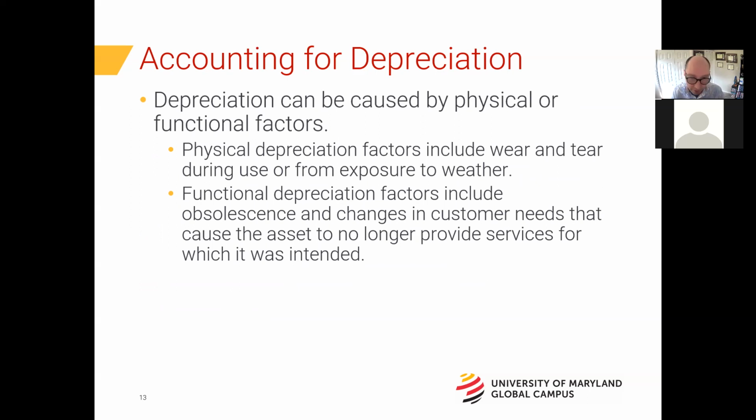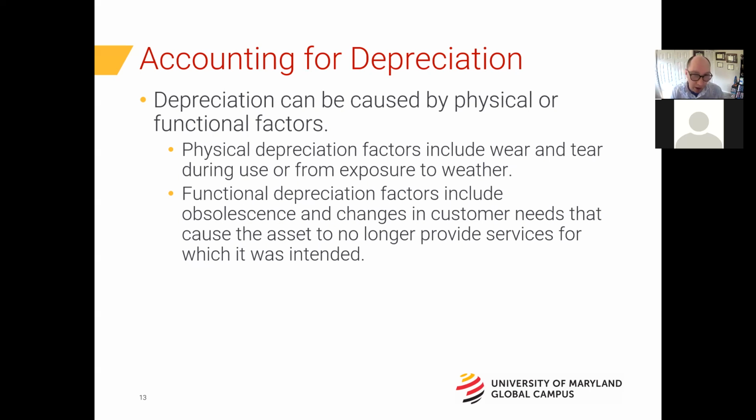It doesn't always have to be straight line. Other methods of depreciation include double declining balance. They also include things like market value depreciation or units of production. All of these factors depend on how the company allocates the depreciation of the fixed asset over time.